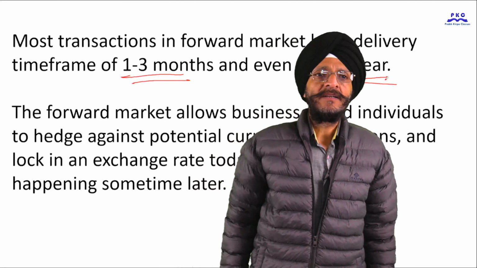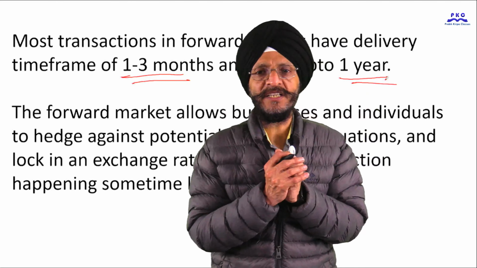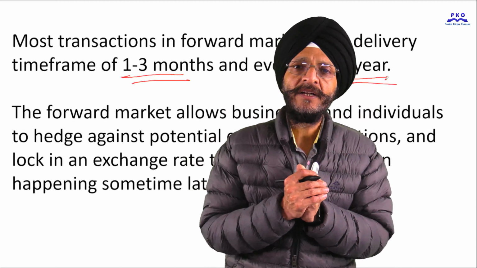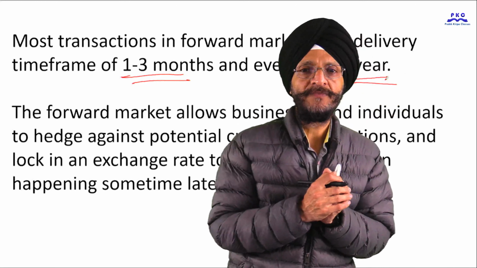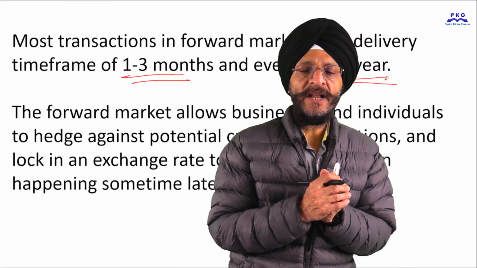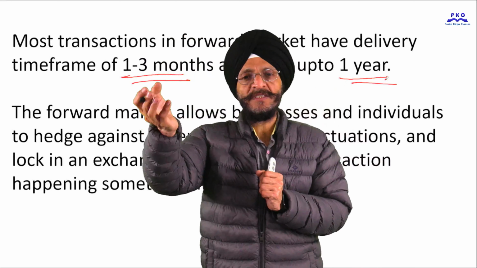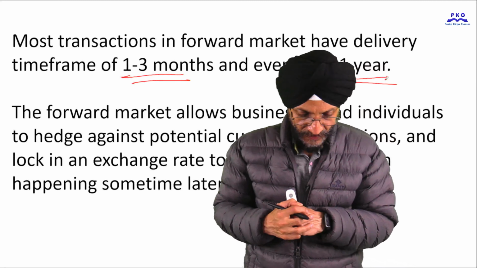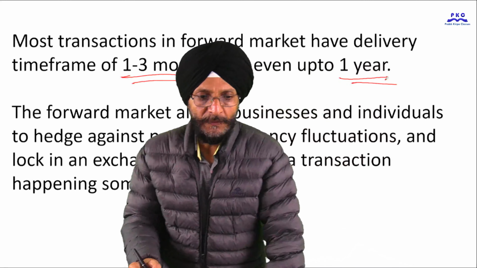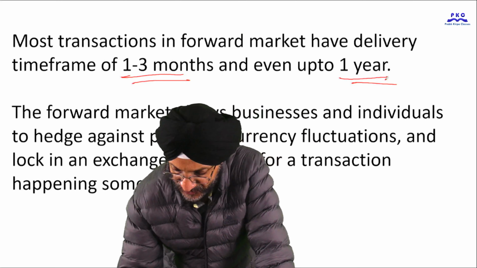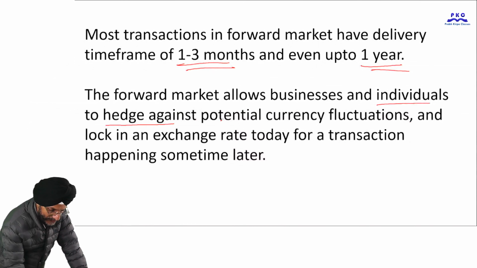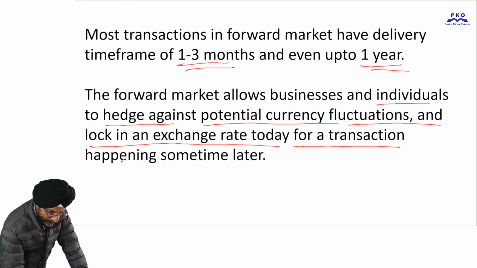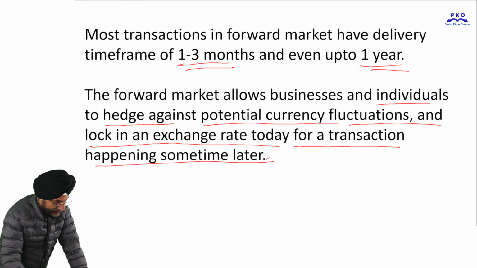It is said that up to 90% of the transactions in the foreign exchange market take place in the spot market, and very few transactions take place in the forward market. The forward market allows businesses and individuals to hedge against potential currency fluctuations and lock in an exchange rate today for a transaction happening some time later.